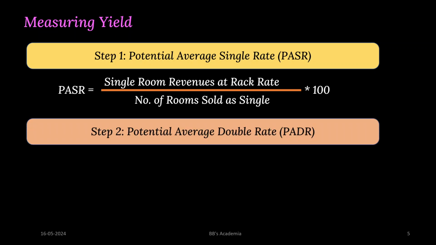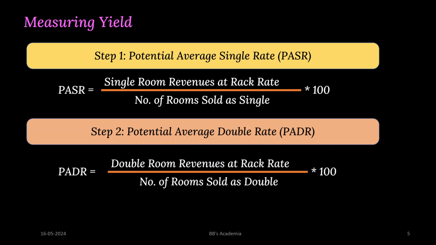Another, potential average double rate, that means PADR. If you have understood step 1, then step 2 is also very easy. In the first case it was single room revenue at rack rate.